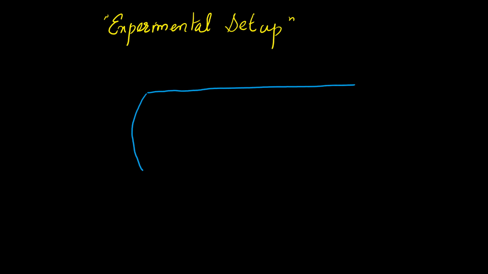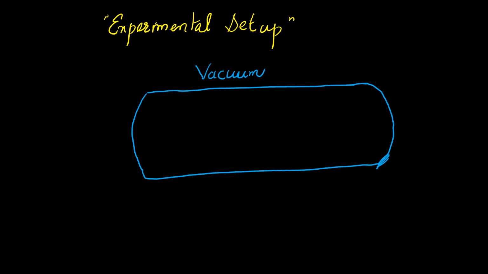This glow discharge tube was basically a highly evacuated vacuum tube, made up of Pyrex glass, and it was evacuated by connecting it with a vacuum pump. So any unwanted material present in the tube was removed by the vacuum pump.